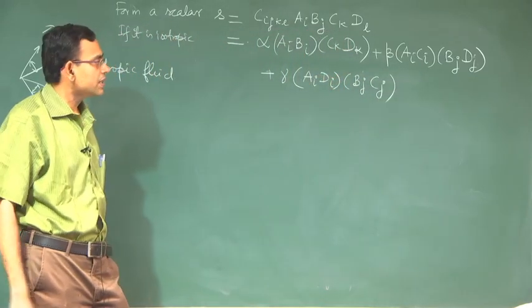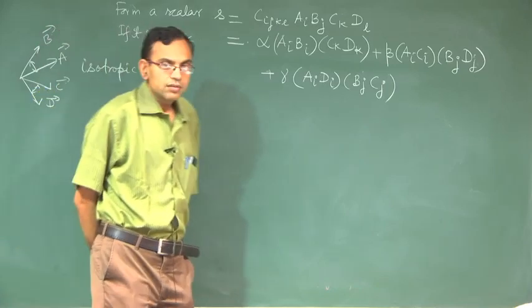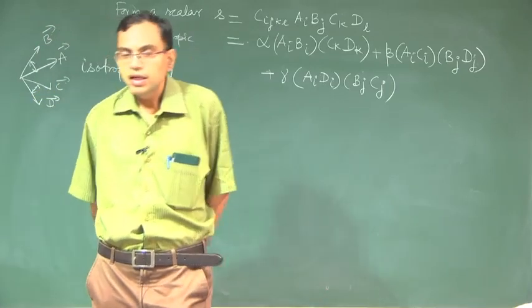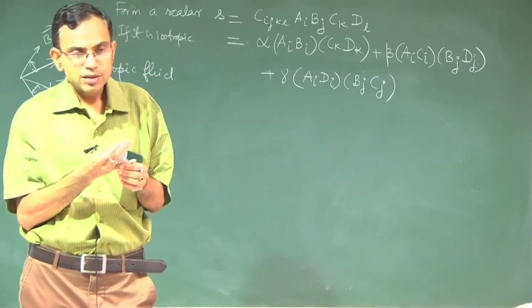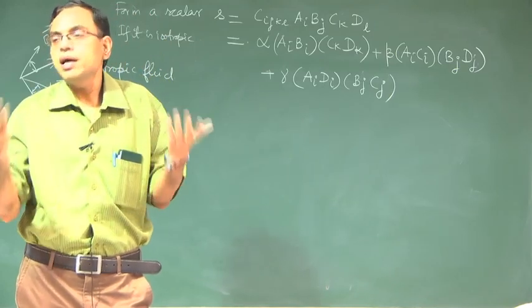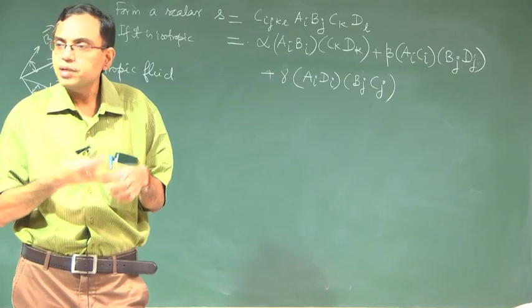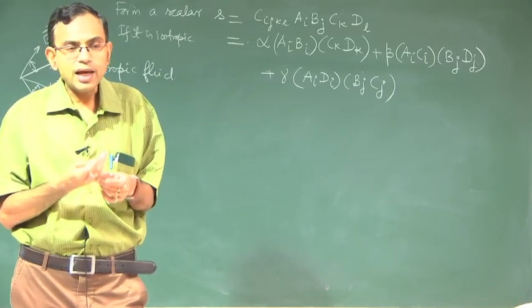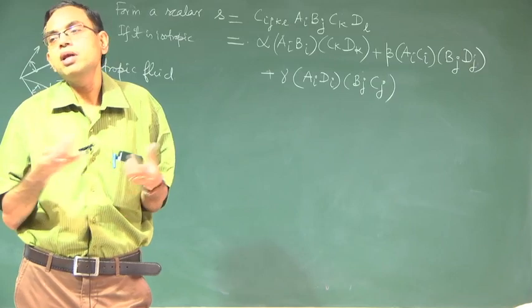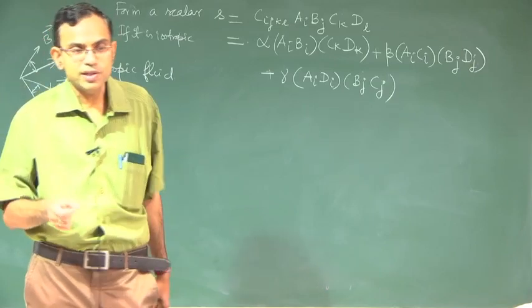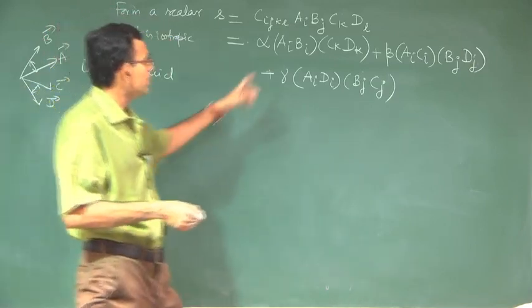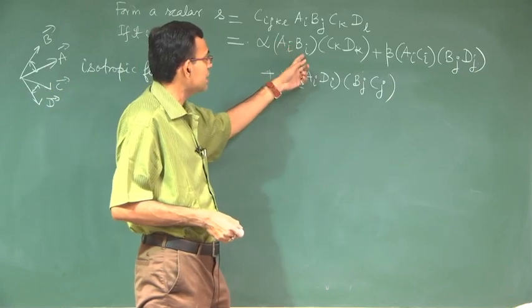So, how many combinations are there? Taken 2 at a time. A can come with B and then C will come with D. A can come with C and then obviously B will come with D, and A can come with D, then B will come with C. So, 3 combinations are possible, right. And this is essentially what?